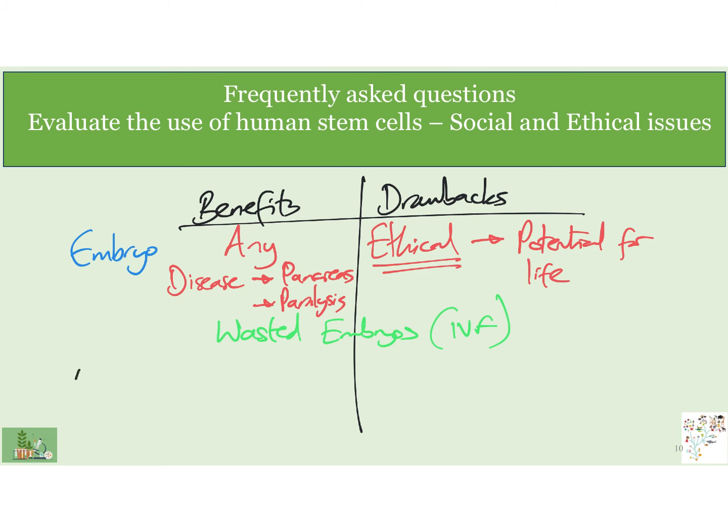And then, of course, you have adult stem cells, which have a great use in terms of treating blood diseases. But that comes with the drawback that they can only be used to treat some diseases, so they're not as useful as an embryonic stem cell.